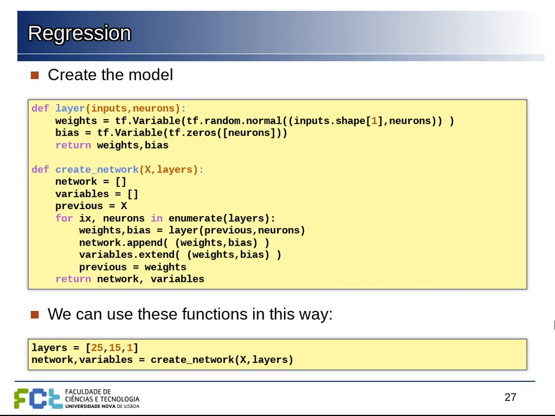Now, there is one trick here. When we are creating the network to do the predictions, it's useful to have the weights and the bias as tuples, so that then we can unpack and do the computations. But when we give this to the gradient tape, it needs to have all the variables in a list.